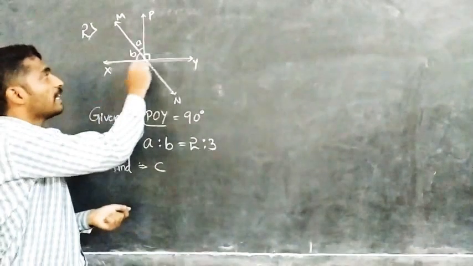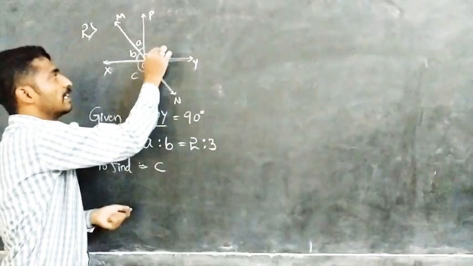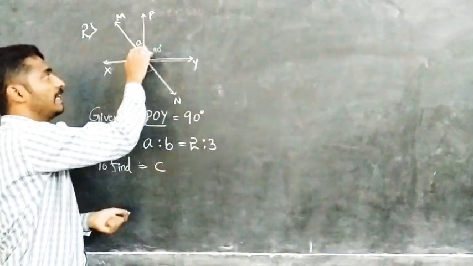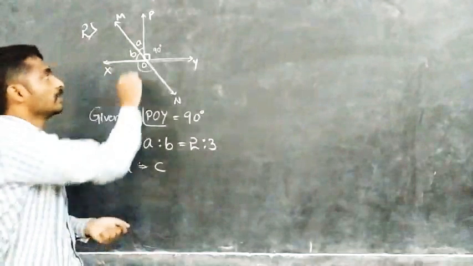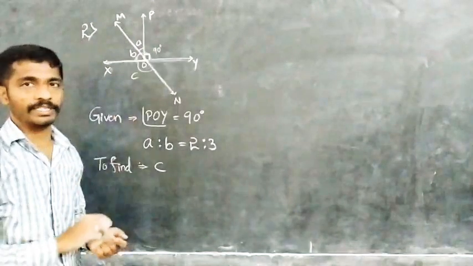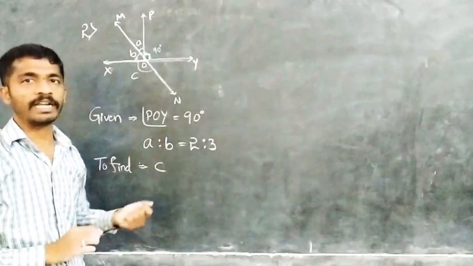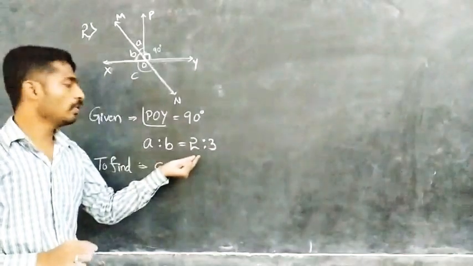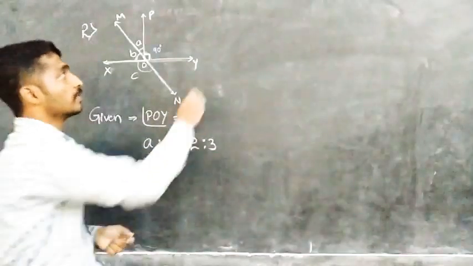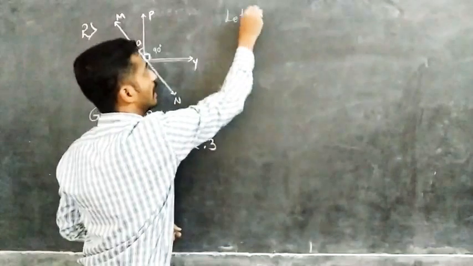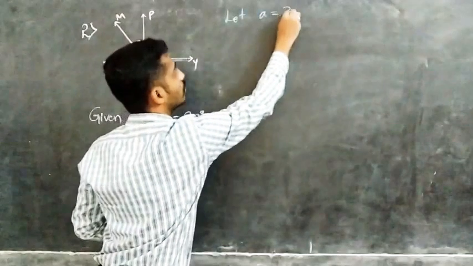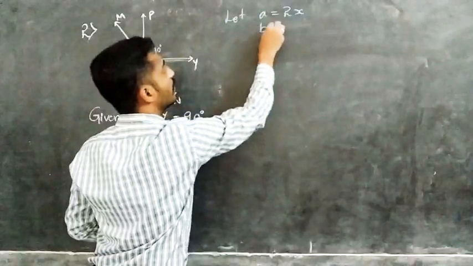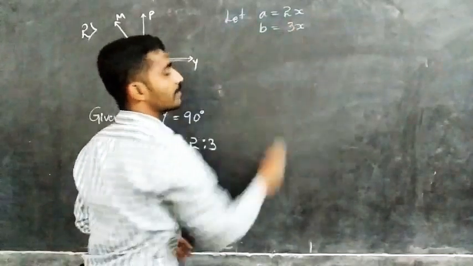So if I add here, this is 90 plus A plus B, what we will get? The total angle is 180 degree. So keeping that in mind, first we take this A and B as our 2x and 3x. So let A equal to 2x and B equal to 3x.